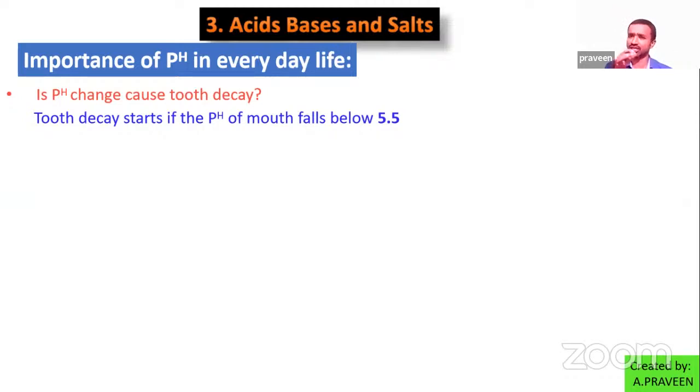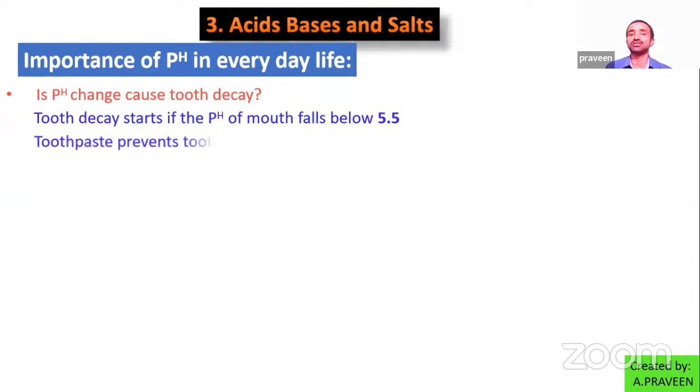So the saliva changes towards acidic. Why after meals? Because the food particles remain in the gaps of the teeth, and a fermentation process takes place. It releases acids. The nature changes from base towards acid.